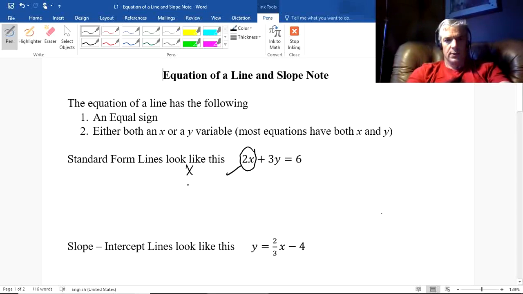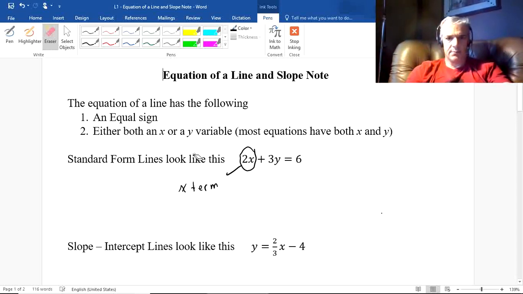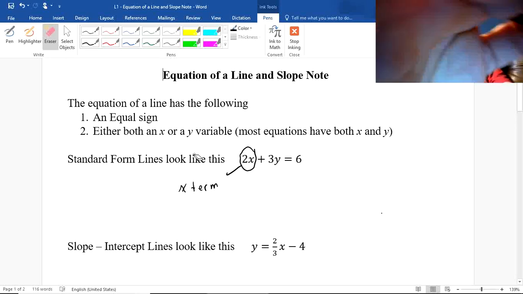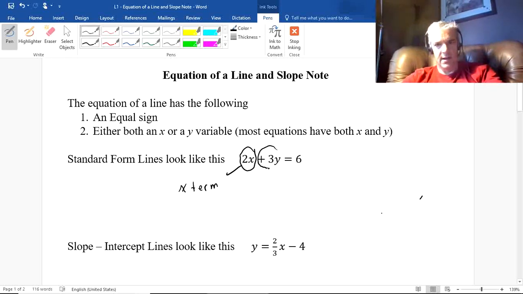For some reason it likes to jump up on me here. X term. I'm just going to erase that x that was accidentally jumped up. And we also have a y term. And I'll grab the sign. The sign that goes with the y term generally belongs here.